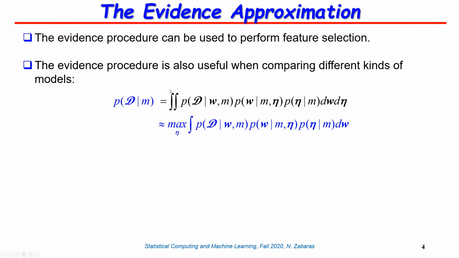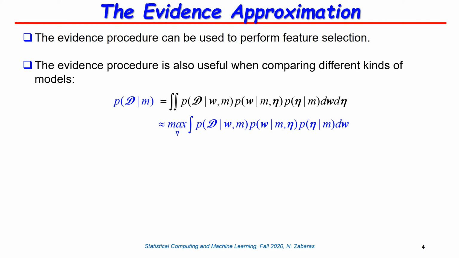We're working everywhere with model M. This is the prior on W, and you notice this prior has hyperparameter eta, and this is the prior on the hyperparameter eta. Now, if you want to be fully Bayes, you need to compute this integral after you put this particular prior of W given eta, and then you have a prior on eta. So you will need to be able to work with a joint prior on W and eta.